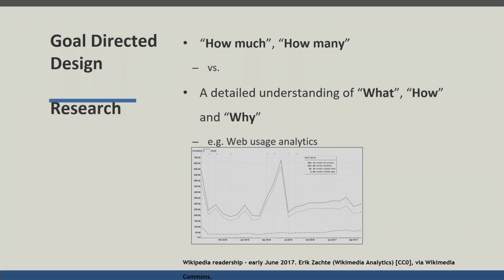And then there is again a constant rise with a small decline again in April 2017. So it gives you the number of people accessing Wikipedia. But why is there a sharp decline in that number in July 2018?